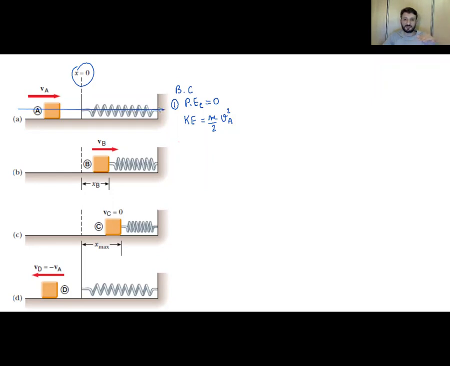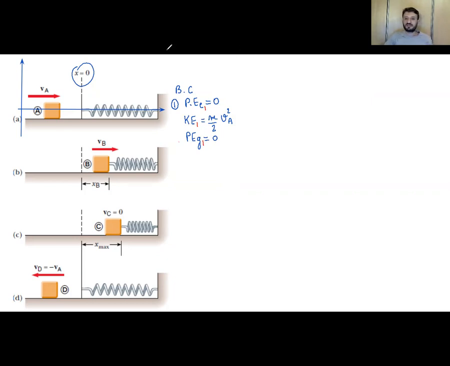We don't have height, so we don't have a gravitational potential energy here, PEG equals 0. So for the first state, we have PEE1, the kinetic energy of state 1 and the gravitational potential energy of state 1.